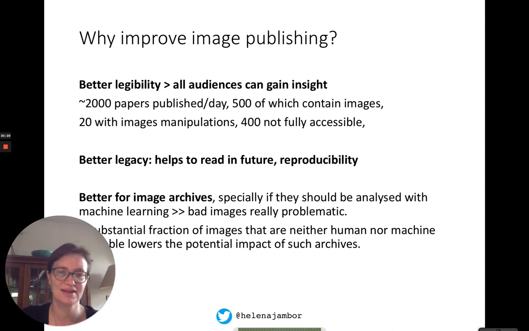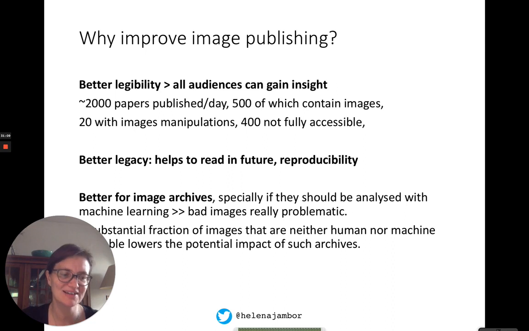So we have to always think that maybe, like we are reading medical textbooks from 2,000 years ago, maybe someone is in fact still interested in the scientific data that we are acquiring today in the future. And if images are not legible now, they will not miraculously become legible in future, meaning the scientific data that is published is lost for the greater good of humankind. And obviously also we would like to see a better quality for the advent of image archives.